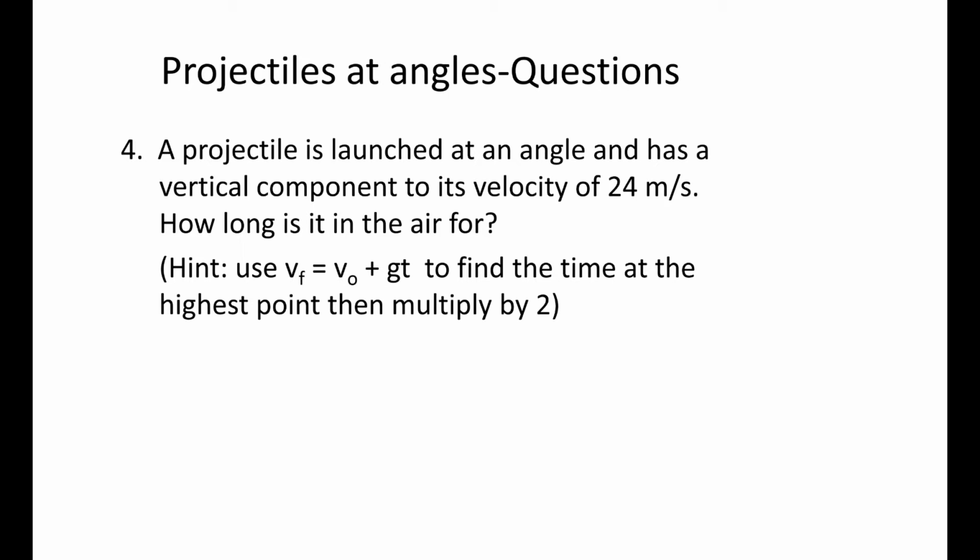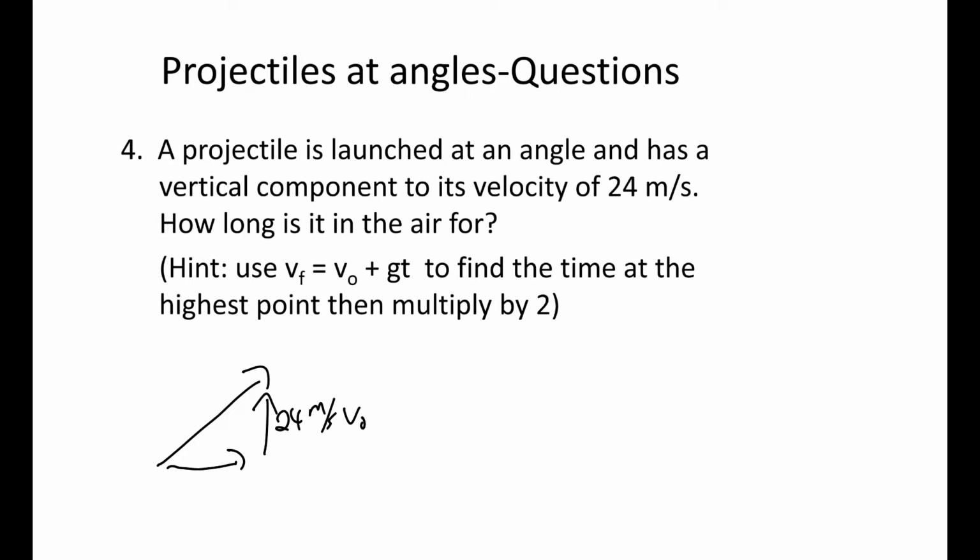Number 4. A projectile is launched at an angle and has a vertical component to its velocity of 24 meters per second. How long is it in the air for? Okay, so this gets a little trickier here. Alright, still not too bad though. So we've got our triangle. All of this, our vertical component, is 24 meters per second.